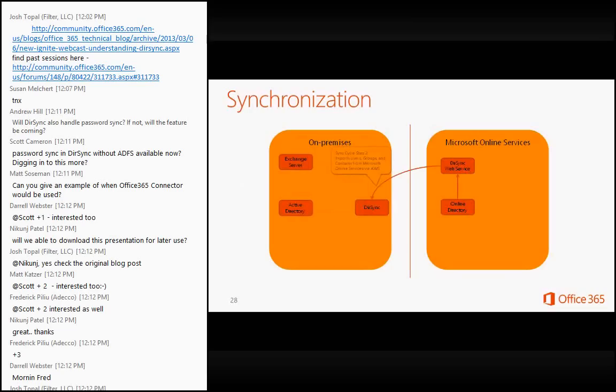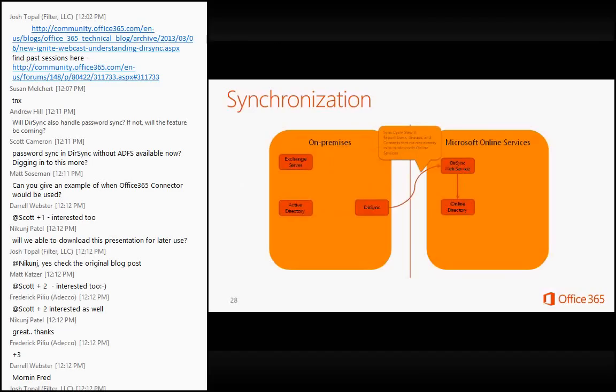And then Microsoft Online Services will reach out and connect to directory sync, pull the information from the directory sync server, and synchronize all of those objects up into Office 365, and take that out of the metaverse on directory sync.